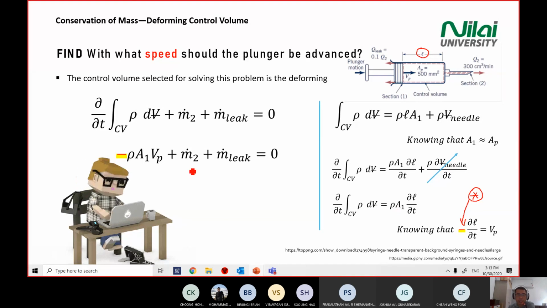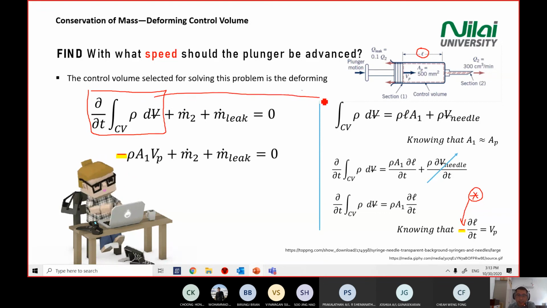So we pull this equation in here. All right. We pull in our equation here. So we have negative rho A1 Vp plus m dot 2 plus m dot leak. Just now, what we had at the left hand side here is actually all these things.